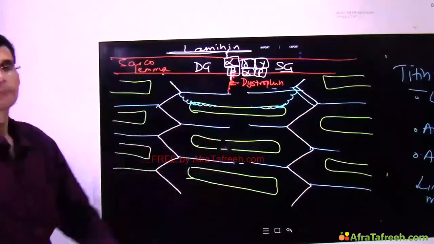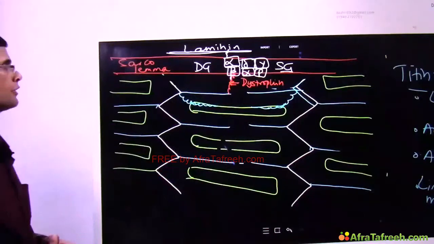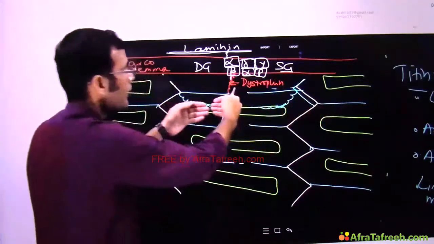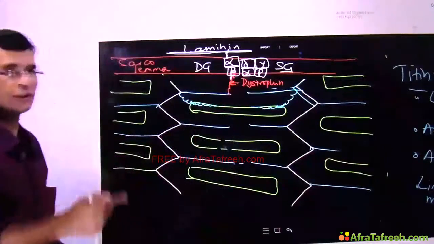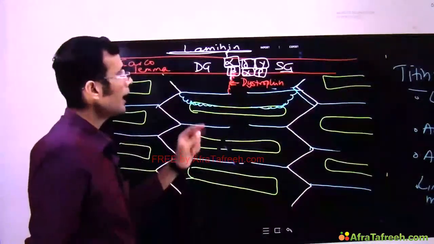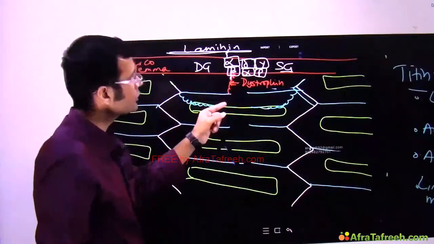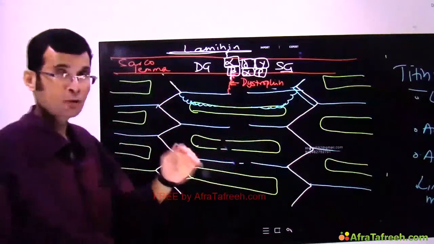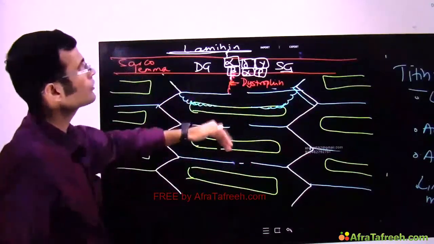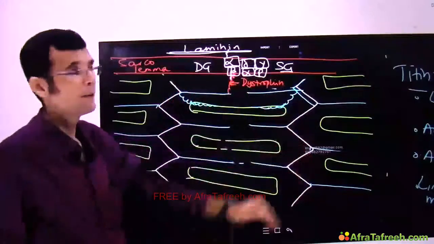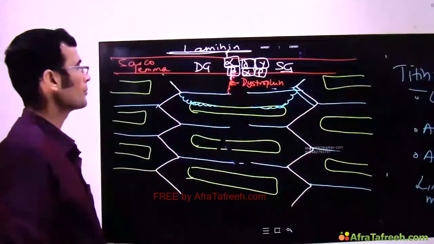And thus, what is the function of dystrophin? You see, thin and thick filament interaction will generate tension in the muscle. Contraction will happen. And the tension generated by thin and thick filament interaction has to be transferred to the outside of the muscle fiber membrane and then to the tendon. That's the job of dystrophin.